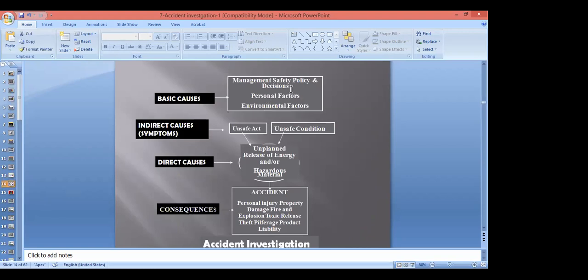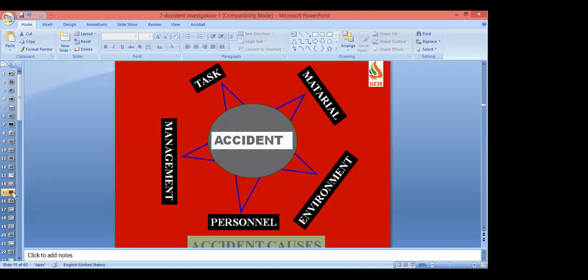You see the basic causes: management, safety policies, decisions, personal factors, environmental factors, and the indirect causes, unsafe actions or unsafe conditions, resulting in unplanned release of energy or hazardous material, which results in accident. Those may be personal injury, property damage, fire and explosion, or toxic release. Those are the consequences of the accident.